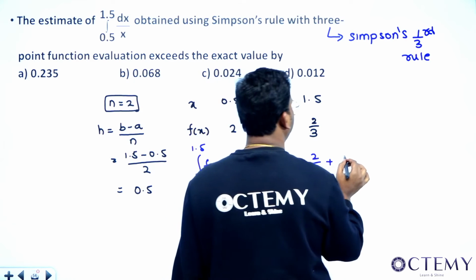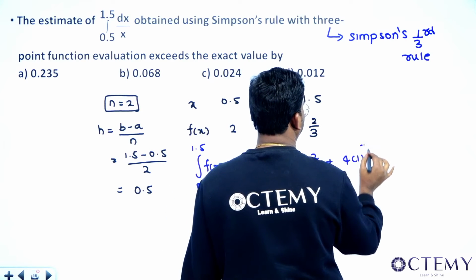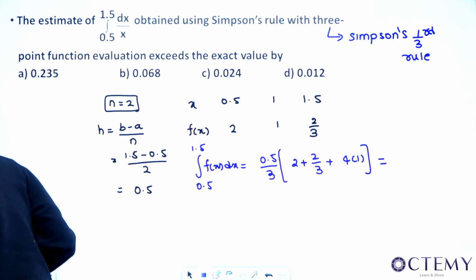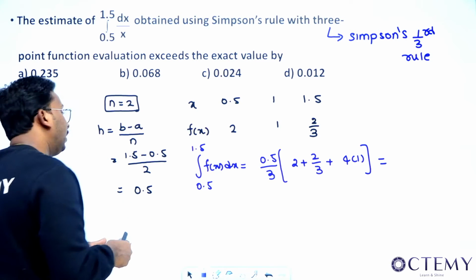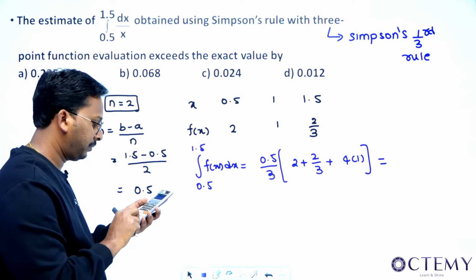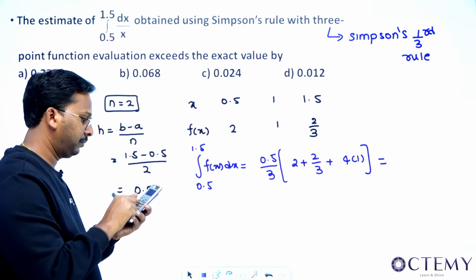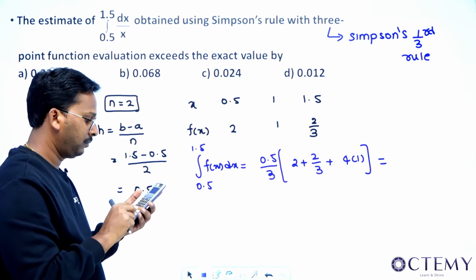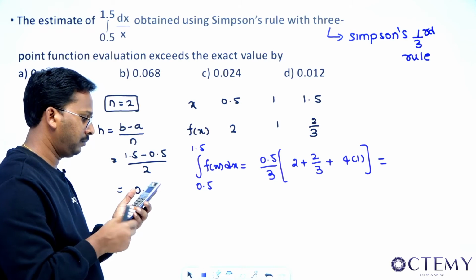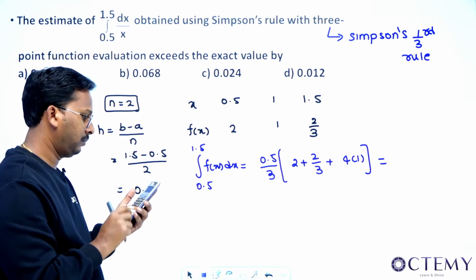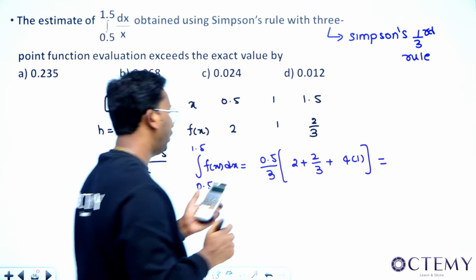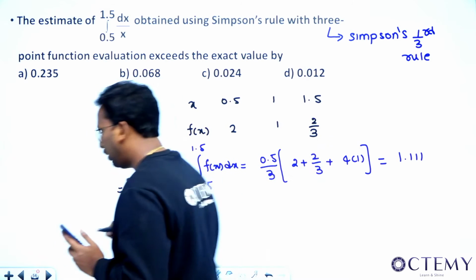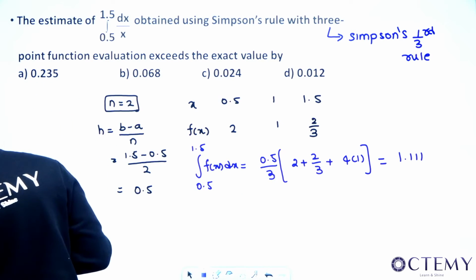Only 1 is there, so 4 times 1. If you calculate this, you are going to get 1.1111, right?